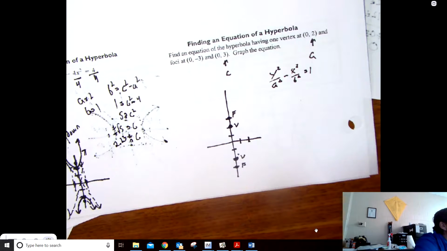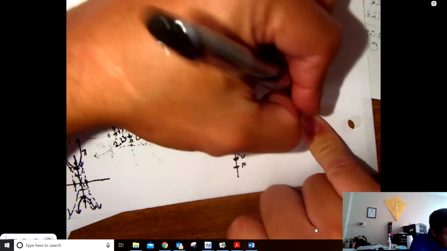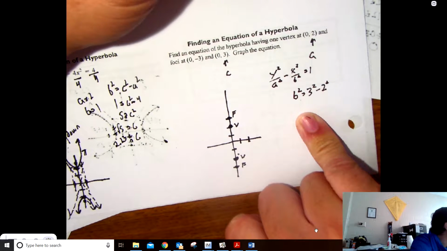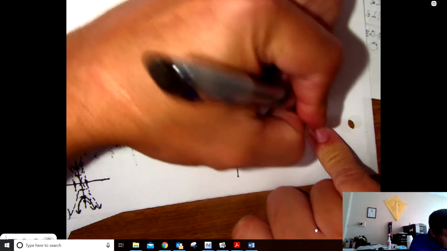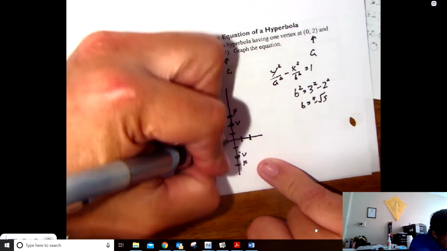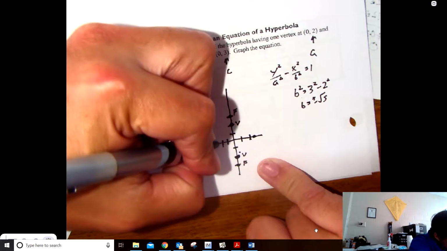And the only thing we actually need to know to write the equation and to finish the drawing is b. So b squared is, sorry, c squared minus a squared, so 3 squared minus 2 squared. Oh, look, guess what? It's the root of 5 again, isn't it? And the root of 5 is just a little past 2.